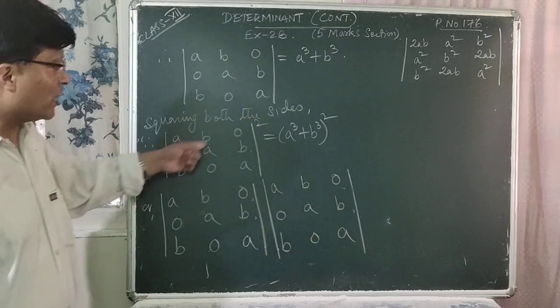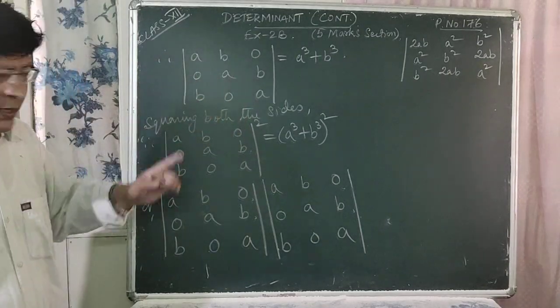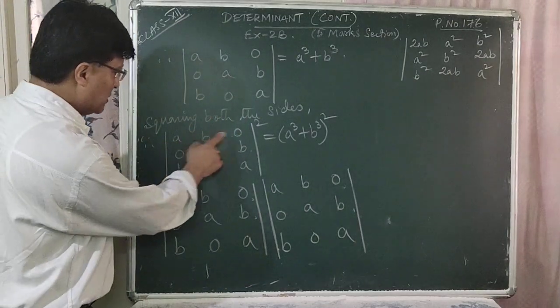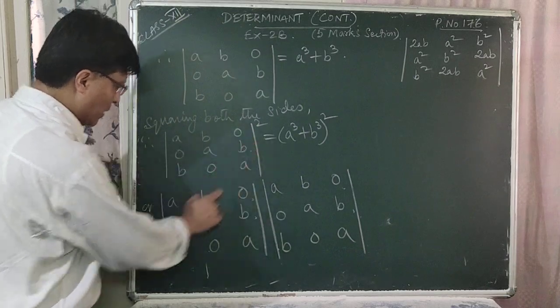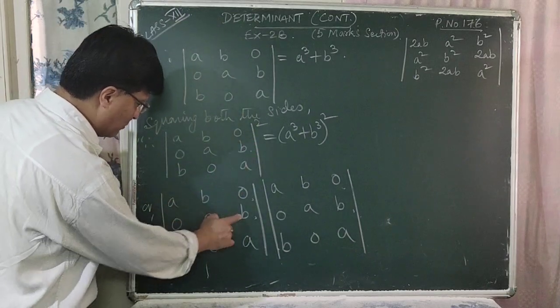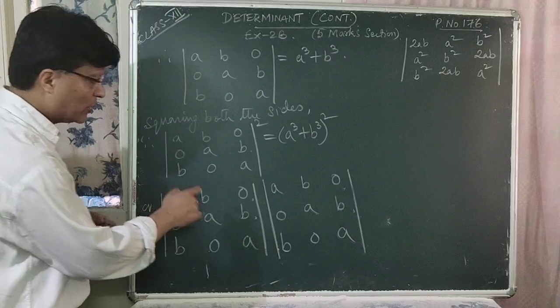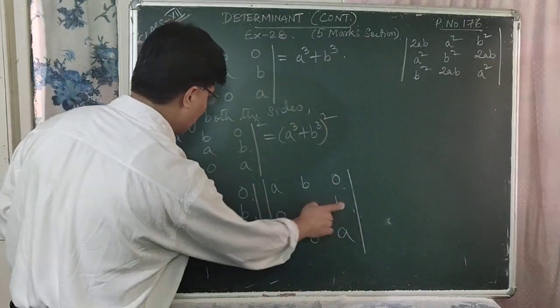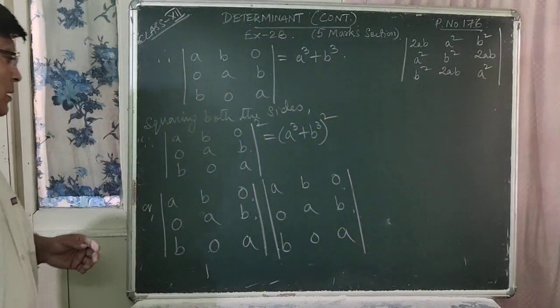You have to multiply. Whole square means like A square means A into A. So likewise, AB0, 0AB, B0A whole square is AB0, 0AB, B0A into again AB0, 0AB, B0A.